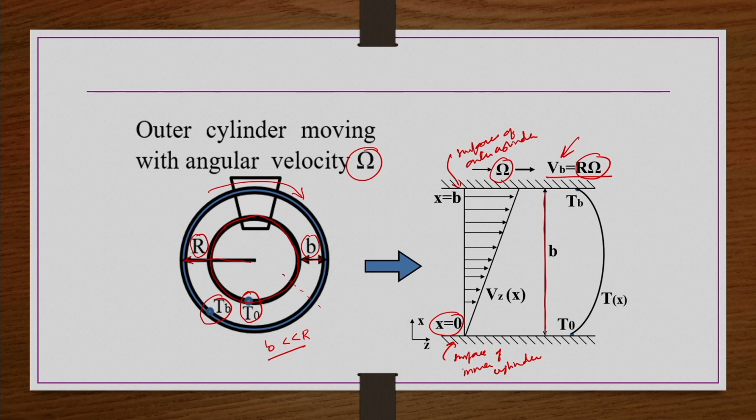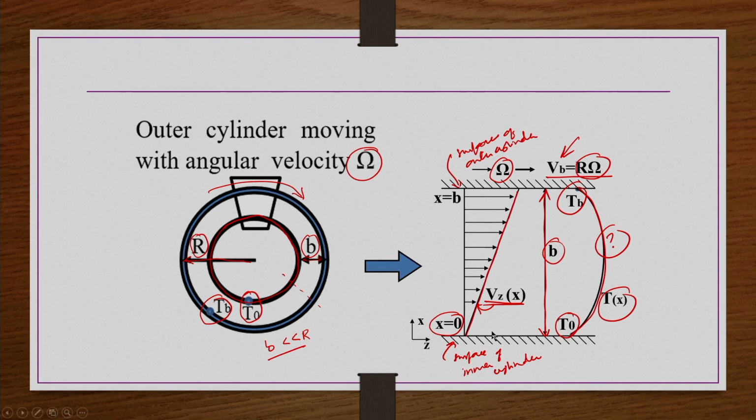The gap between these two cylinders is small b, the inner cylinder is at T naught temperature, the outer cylinder is at T b temperature, and the velocity profile is linear. That is also given: V z is a function of x only. The temperature is a function of x, but the nature of the temperature profile we do not know, and that is what we are going to find out. The nature of the velocity profile is given, it is linear, so we have to find the slope and intercept of this linear profile.